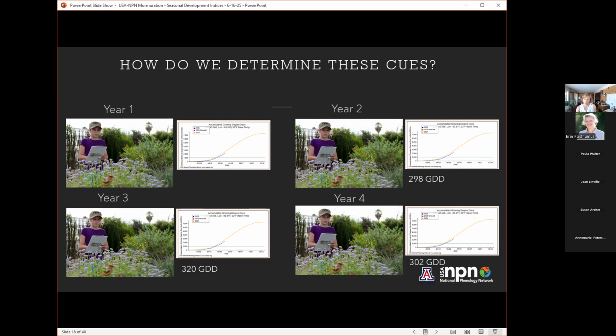If we have observations being taken at the same location on the same event in different years, then we can look at what that temperature accumulation curve was at that location in those years and how many growing degree days were achieved. Oops, one of my things didn't show up. Okay, I'm sorry, these slides needed a little bit more polish. So what I was trying to do was fill in those gaps.